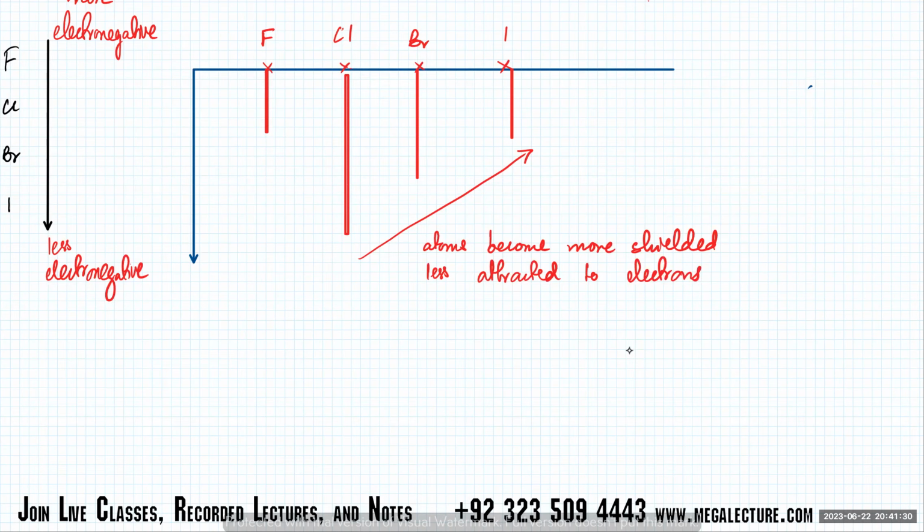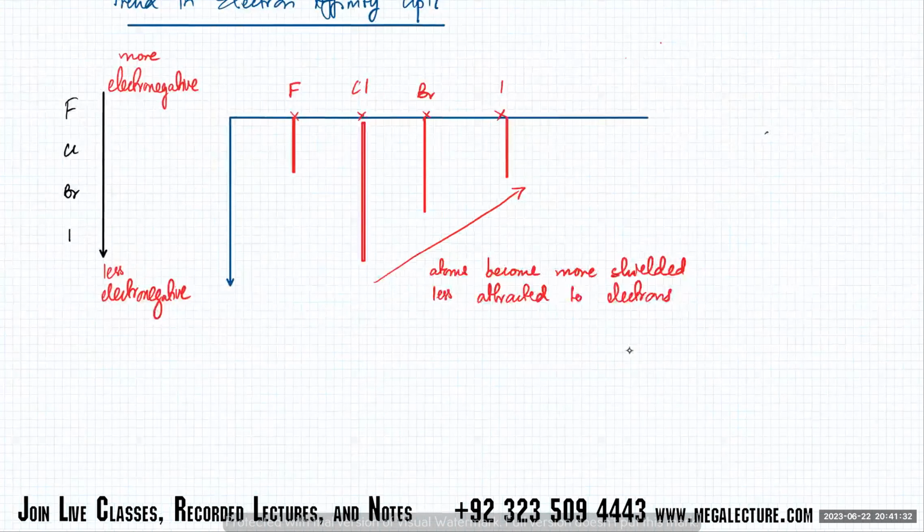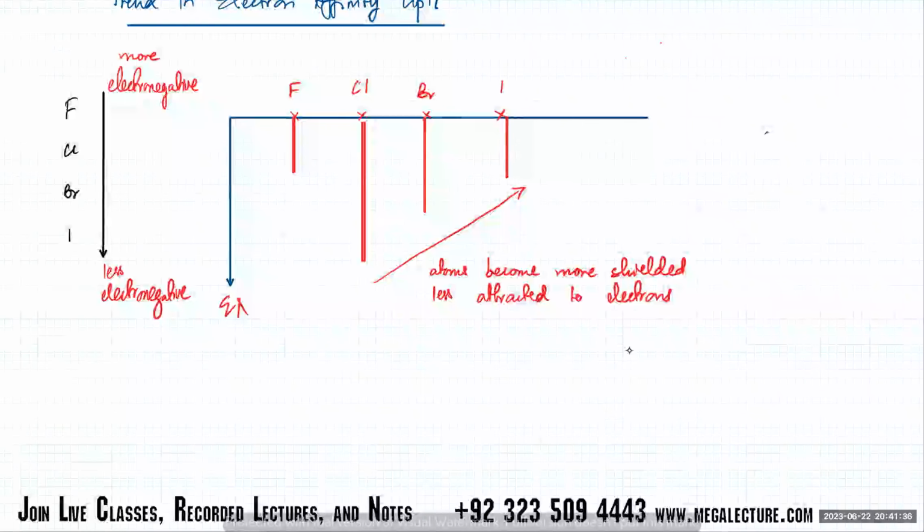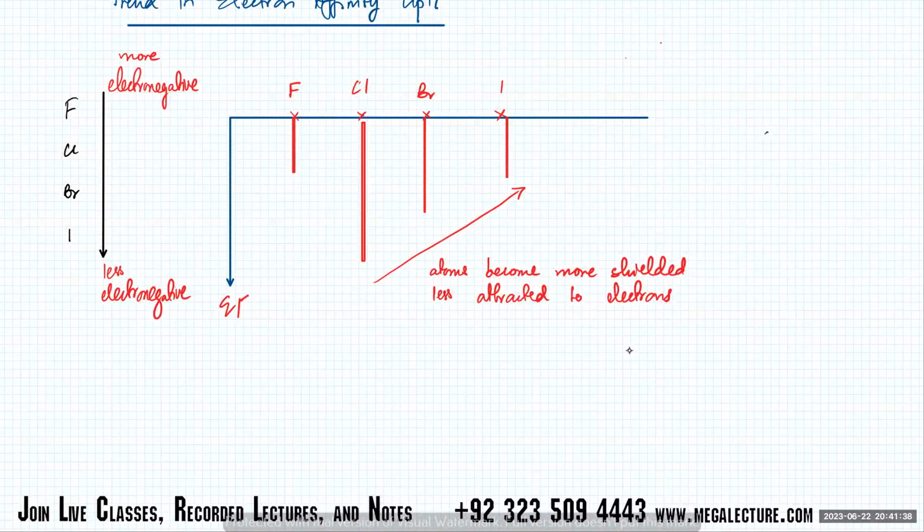So electron affinity is less exothermic. This is electron affinity. So fluorine is an exception. Fluorine does not follow the trend.